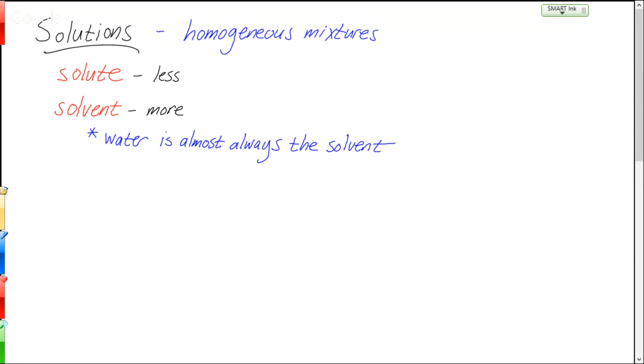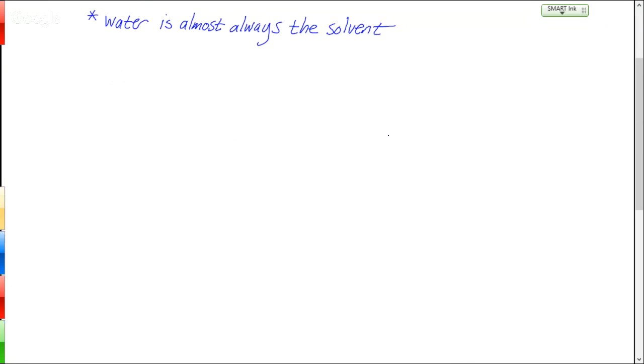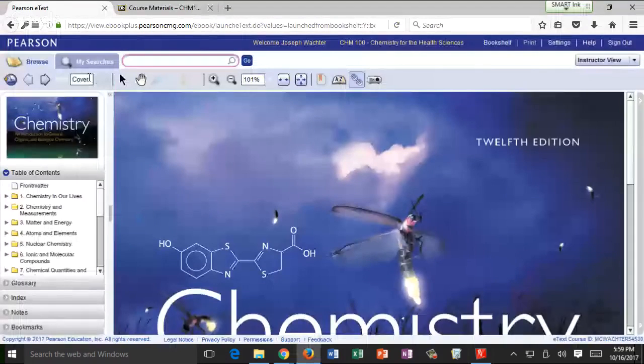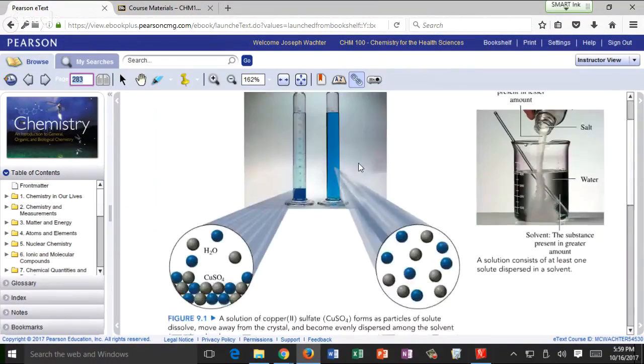All right, so the first thing to remember about solutions that you may not think about when we have that typical saltwater example is that solutions can be in any state. They can be liquids and gases and solids. And there's a nice table in your book that I'm going to pull up for this. This is page 283 if you're following along.